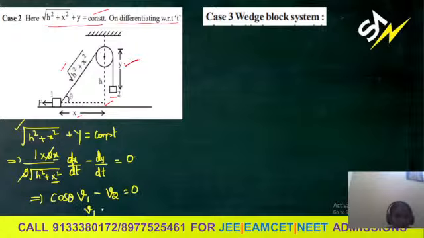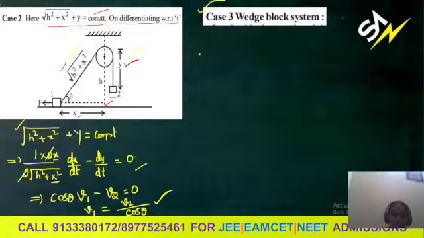So v1 will be equal to v2 by cos theta. This is the relation. So here we are finding the velocity of the first block, or you can find the velocity of the second block. So first we related distances, meaning we measured distances from the fixed position, and we used that length remains constant. By differentiating, we got the velocity.